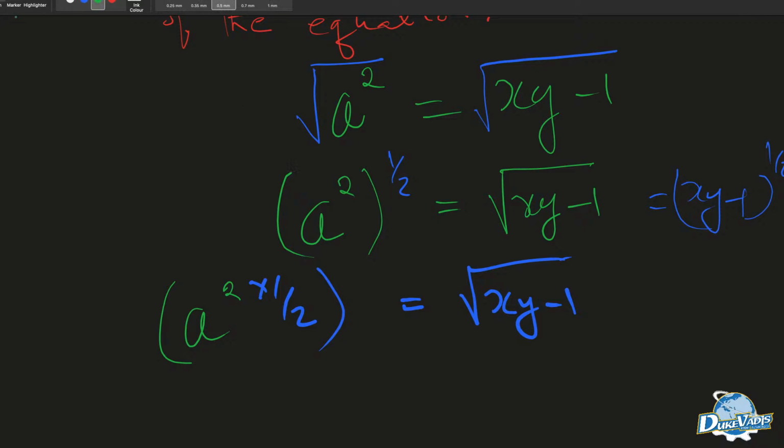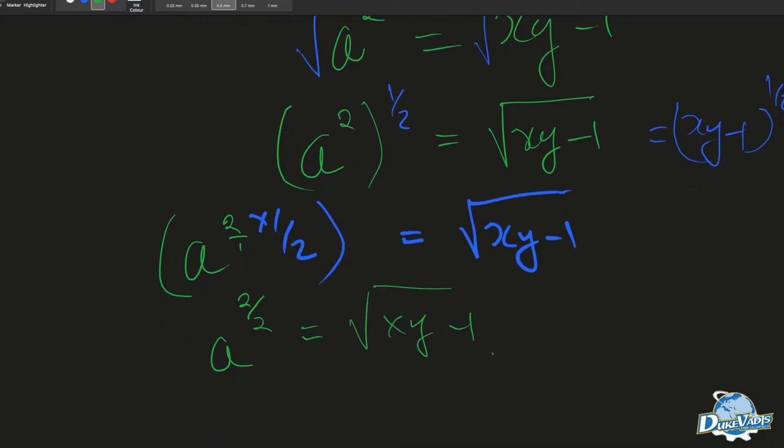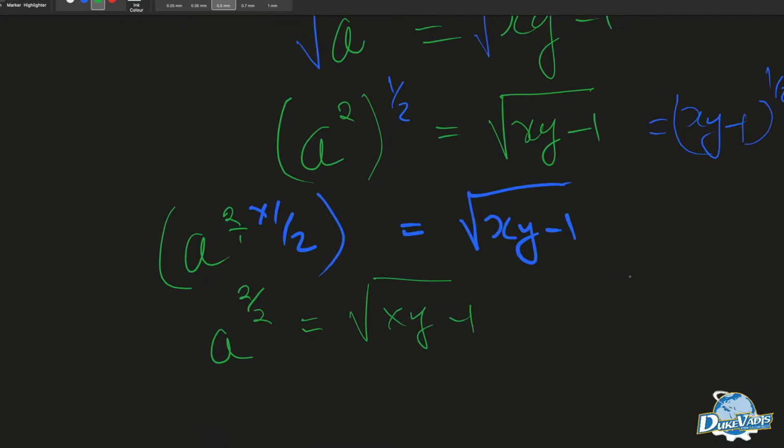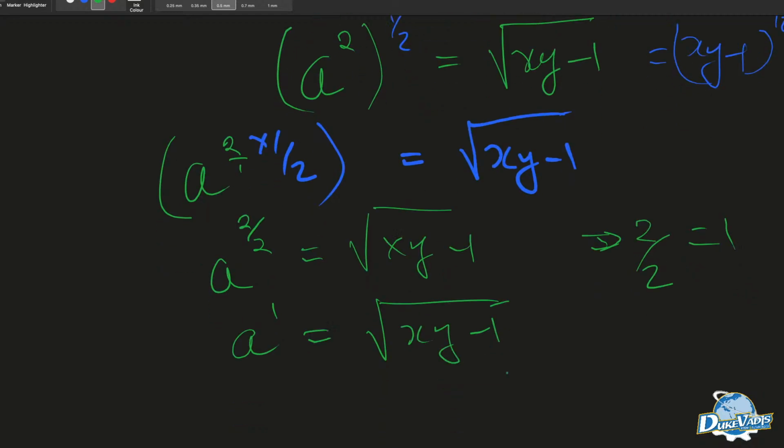We know that this will be 2 times half, which is 2 over 1 multiplying by half. So this will be 2 over 2, which is equal to the square root of xy minus 1. If you have 2 divided by 2, it's equal to 1. So therefore, A raised to the power 1, which is the same as A, is equal to xy minus 1. Hence, we have made the change of subject. So A is equal to that.